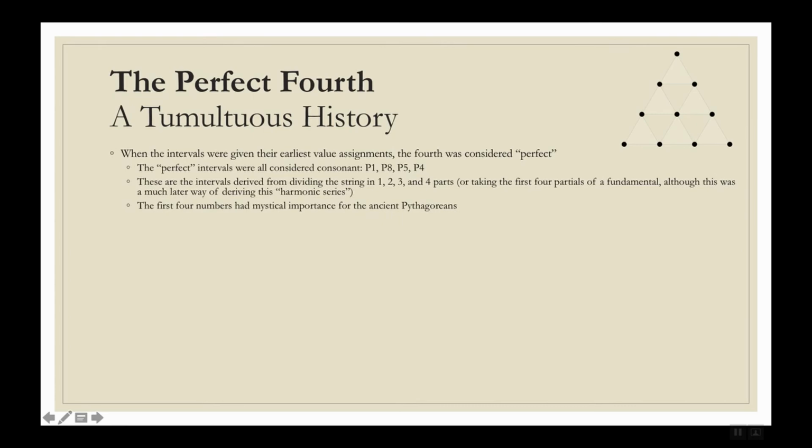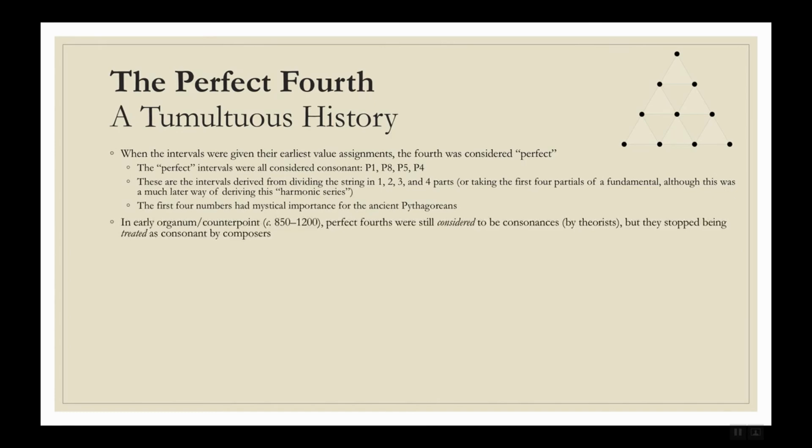There are also other fancy things about this, but they definitely thought that the first 4 numbers were magical in a way, and the fifth number was not. So it's partly why the perfect unison, octave, fourth, fifth were considered perfect, and the other intervals were not. In early organum, as you remember, or early counterpoint, from around 850 to 1200, perfect fourths were still considered to be consonances by music theorists, but if you remember, they started being treated less so by the composers.